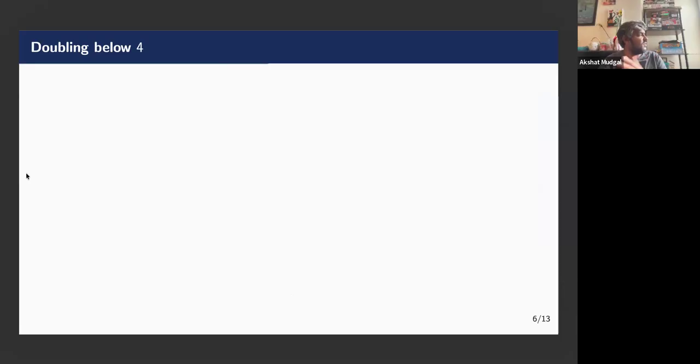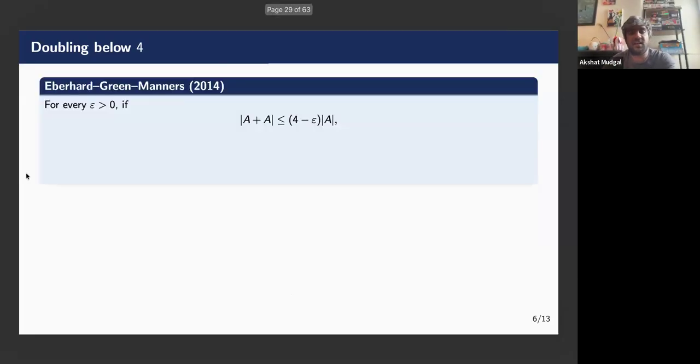So now let's go to somewhere around 2010. In a very famous paper, Ben Green, Sean Eberhard, and Freddie Manners resolved the Erdős sum-free set conjecture. A key result that they needed to prove in this direction is exactly an answer to Ben's question for k being close to 4.